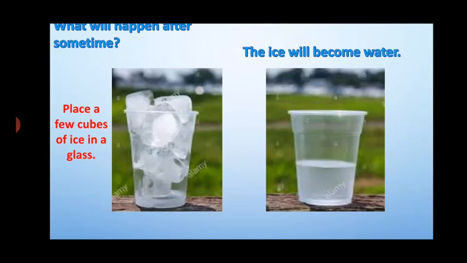The ice has become water. So you will see that after some time the ice will become water. How did this ice become water? The heat causes ice to become water.